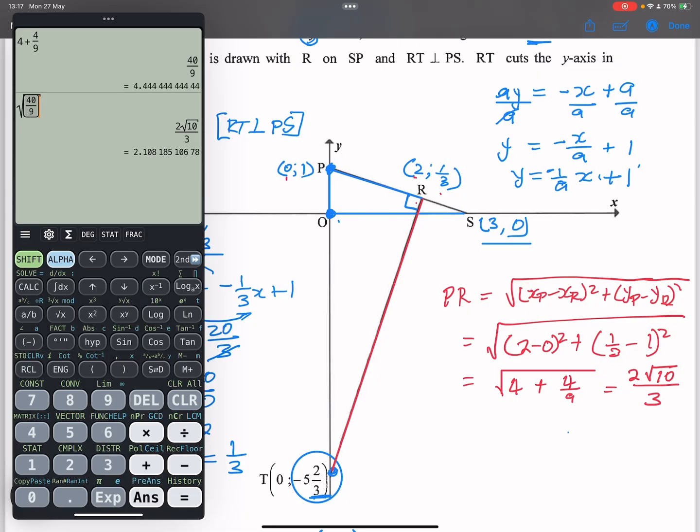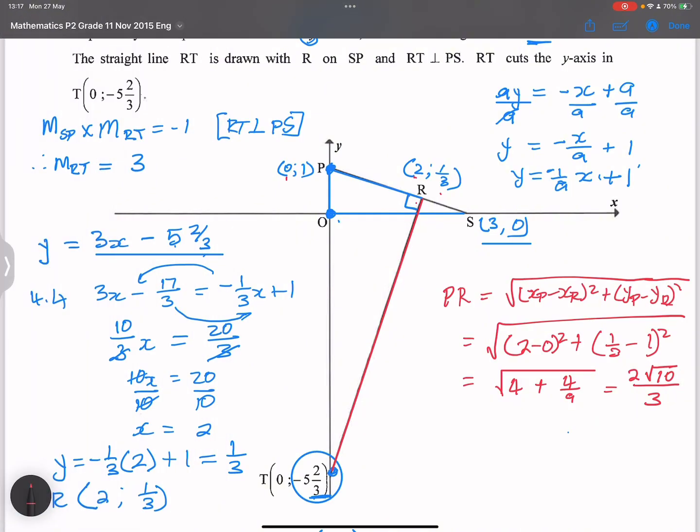We found the value of PR, which is that line over there. Now I'm going to look for the value of RT. I am not going to waste time on that. That's going to be 2 minus 0, again that's 2 squared, plus 1 over 3 minus 17 over 3.